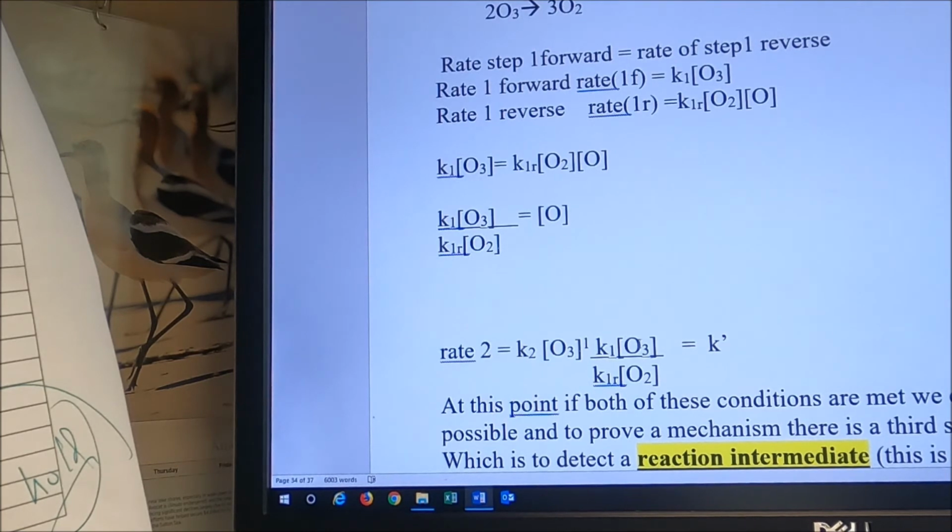Then I have O3 times O3, so that's the concentration of O3 squared. And an O2 on the bottom is the same as having it raised to the -1 power.